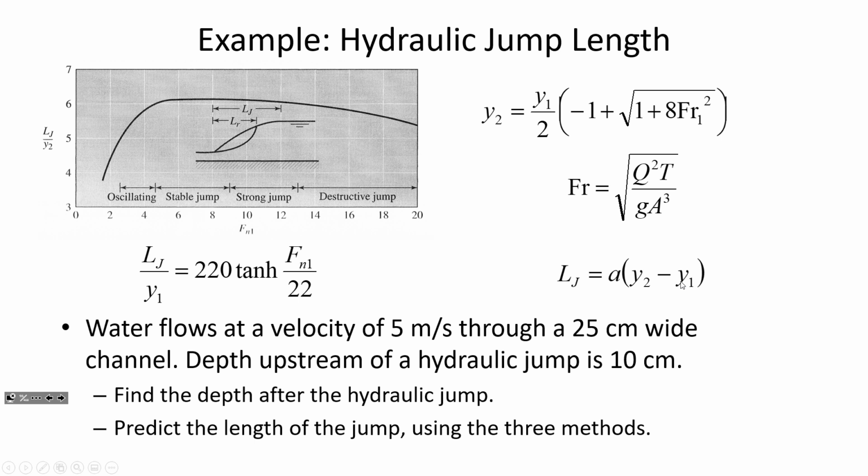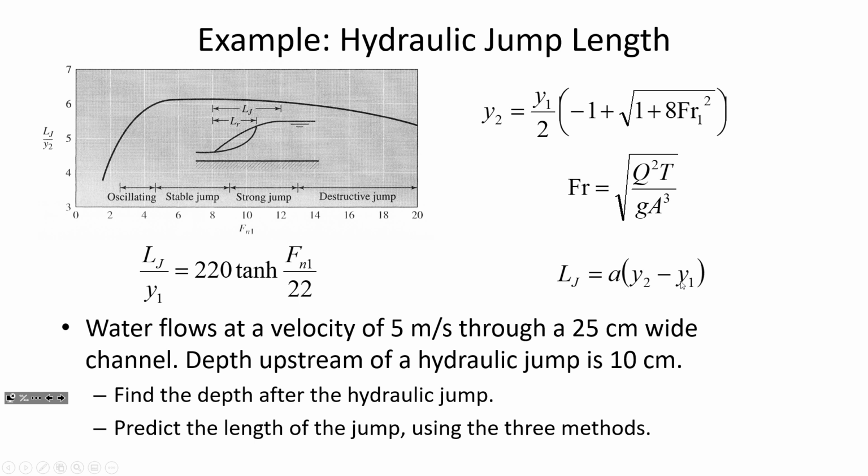We can put that into the Froude number equation here. The Froude number is the square root of Q squared times the top width of the channel. Here it says T, that's just the variable definition that's used in some other texts. For our purposes, we've been using capital B to mean the top width of a channel this semester. Divided by G times A cubed, and then all of that's to the 1/2 power.